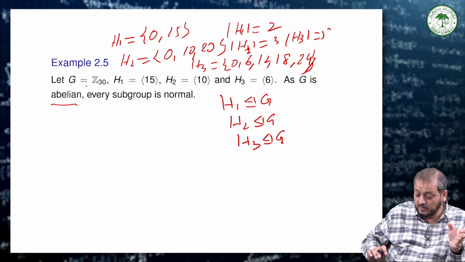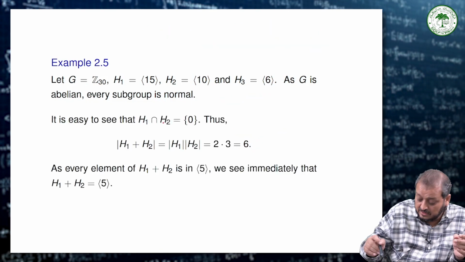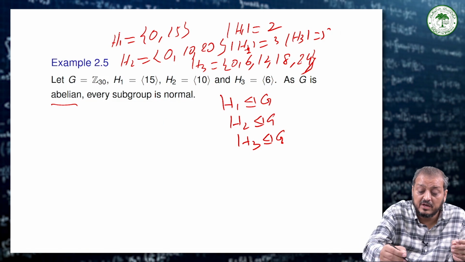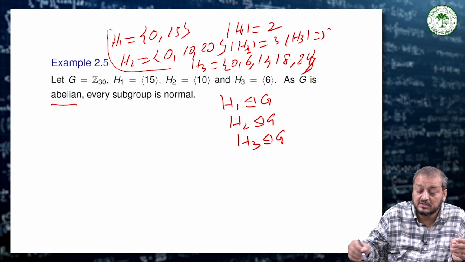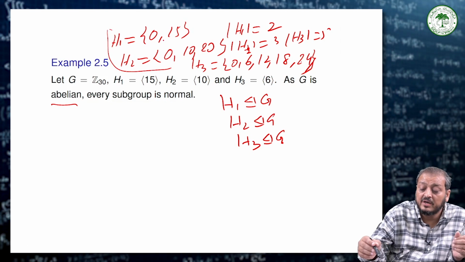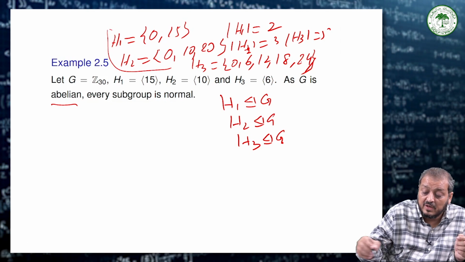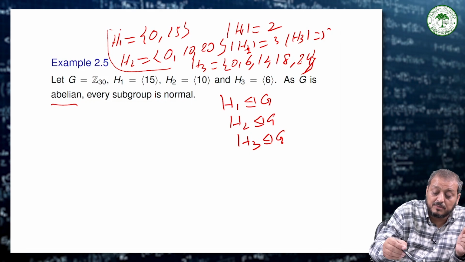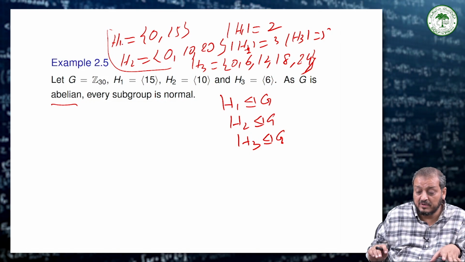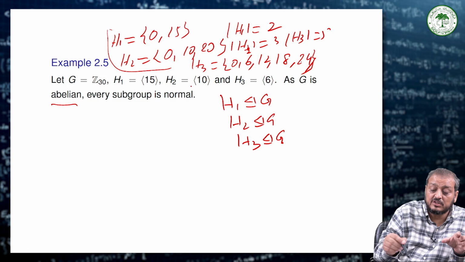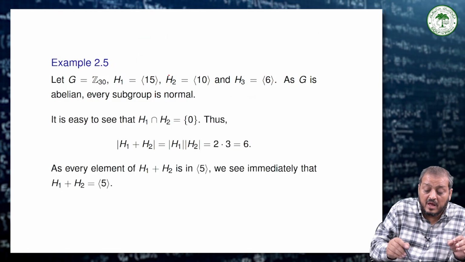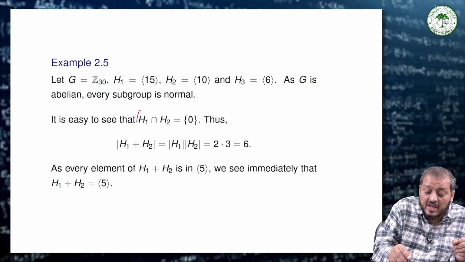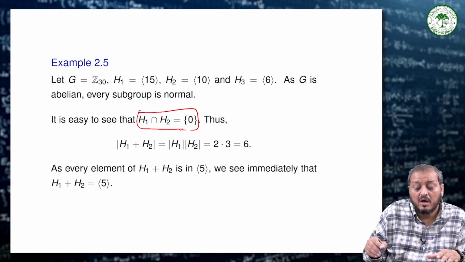Now take the intersection of H1 and H2. The only common element is 0, the identity. So H1 intersection H2 is the identity.